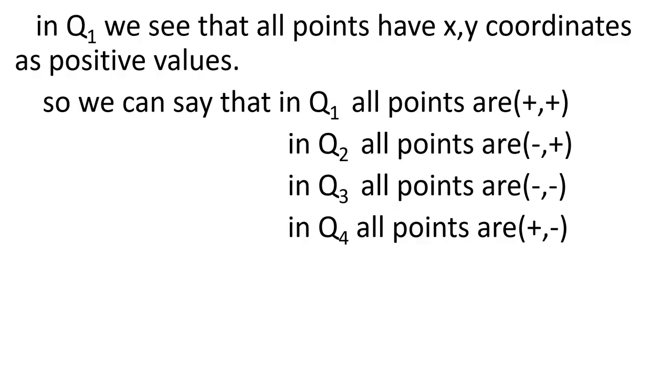In Q3, all points have a negative x coordinate and a negative y coordinate. In Q4, all points have a positive x coordinate and a negative y coordinate. So, depending upon the sign of the x and y coordinates, we can easily identify in which quadrant the point lies.